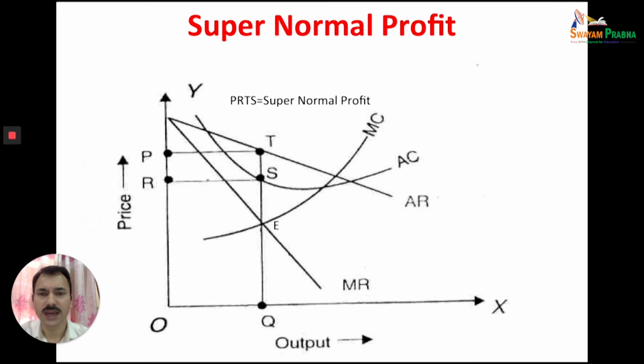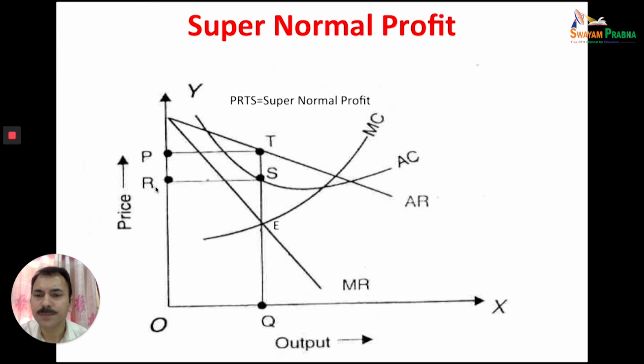Supernormal profit, as I have already stated, arises when average cost is less than average revenue. AC is average cost, AR is average revenue, MC is the marginal cost curve.